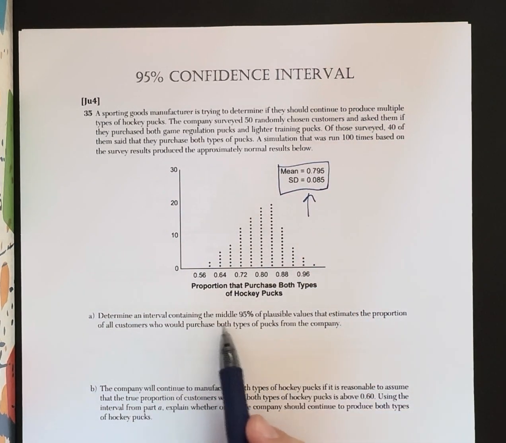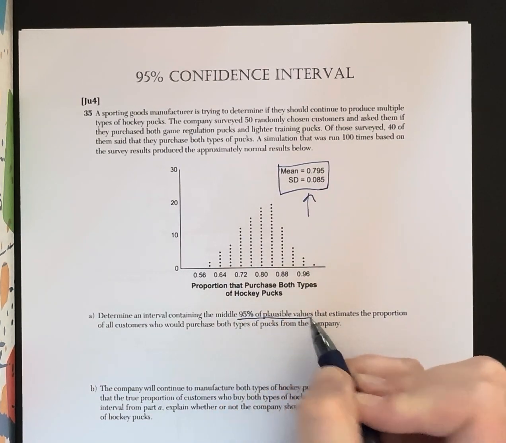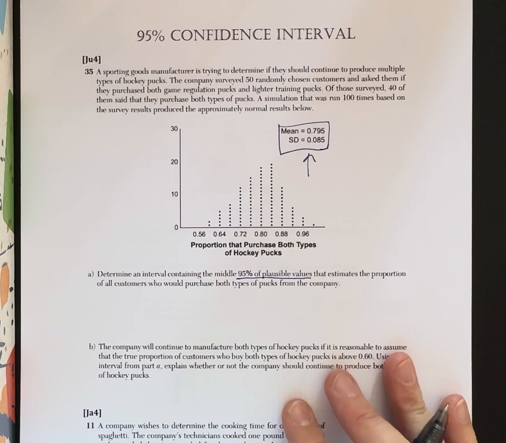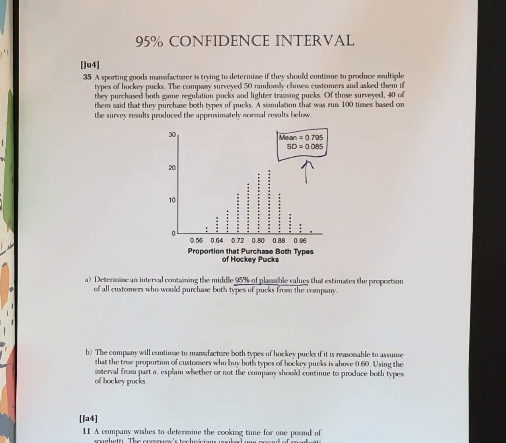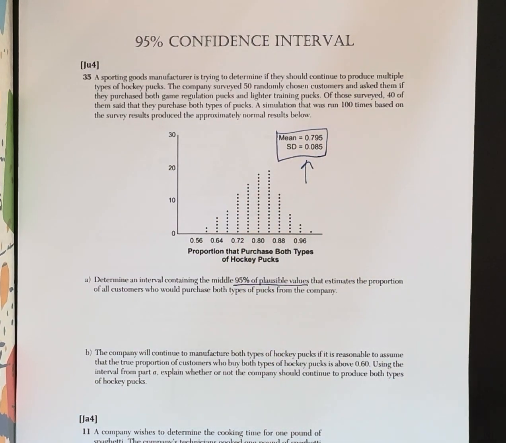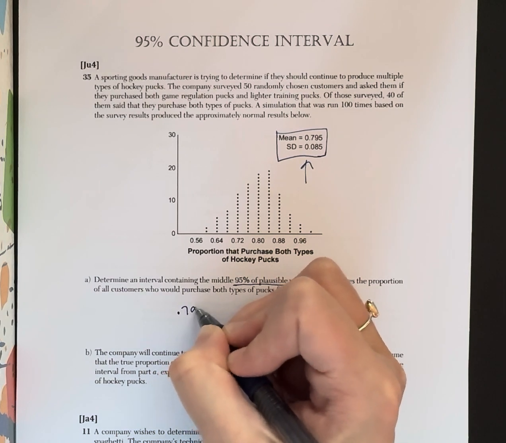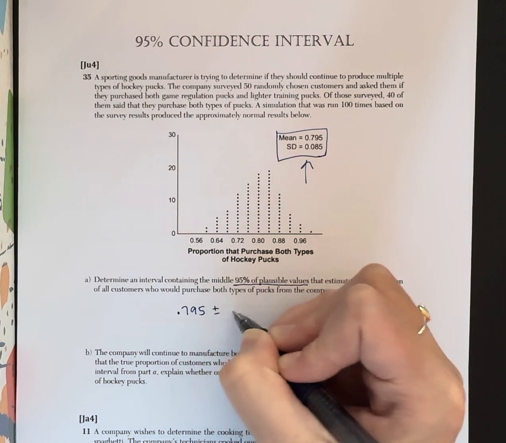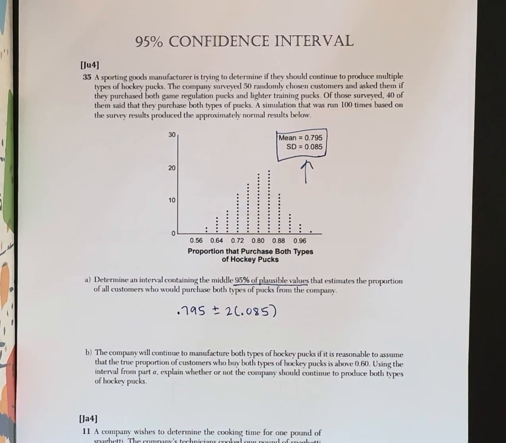Determine an interval containing the middle 95% of plausible values, here we go again, that estimate the proportion of all customers who would purchase both types of pucks from the company. So we've got mean, standard deviation, we've got a simulation, we see 95%. This is a no-brainer. So we're going to take the mean, 0.795, and we're going to add and subtract 2 of the standard deviations. 0.795 plus 2 times 0.085.